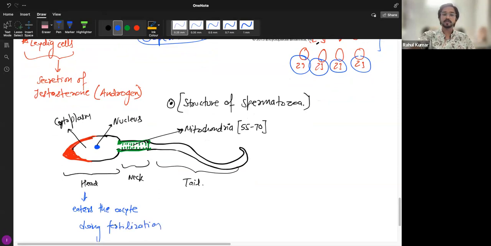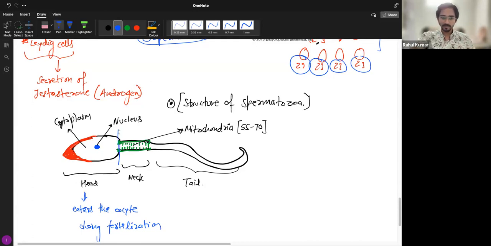Because the only thing which is required is chromosomes. Sperm is a delivery agent just to run the fastest. The fastest the better. The one who will deliver the pizza first will get the prize. So it's like that. The first sperm who will deliver the nucleus first gets to fuse and make the zygote.